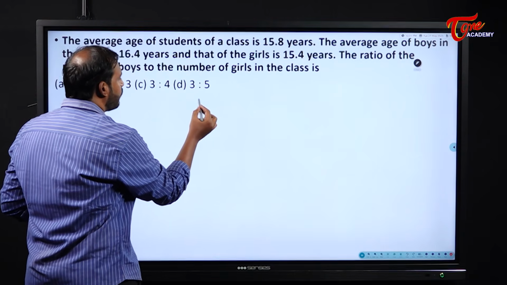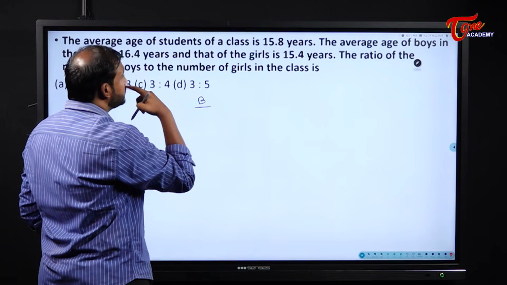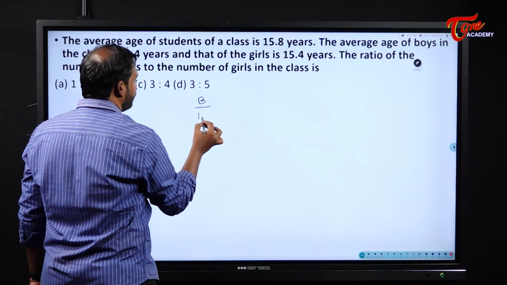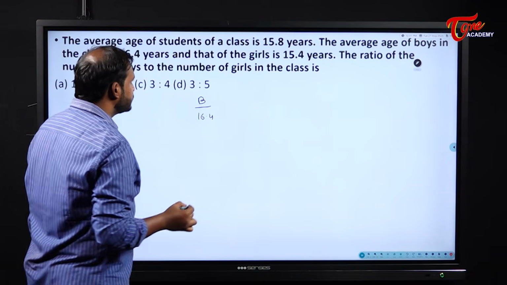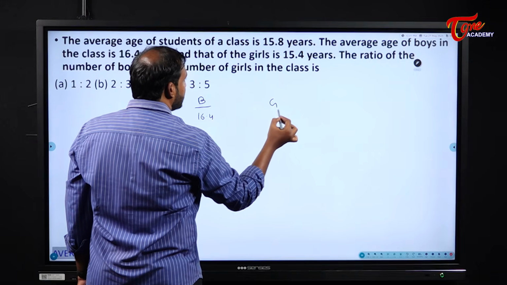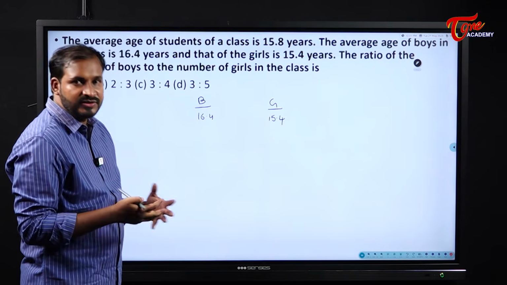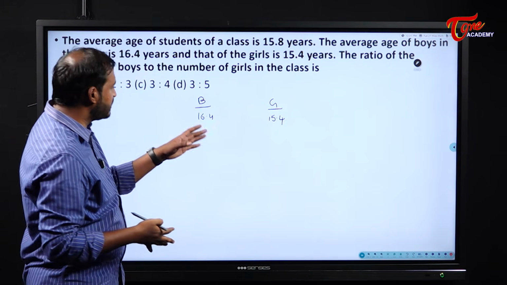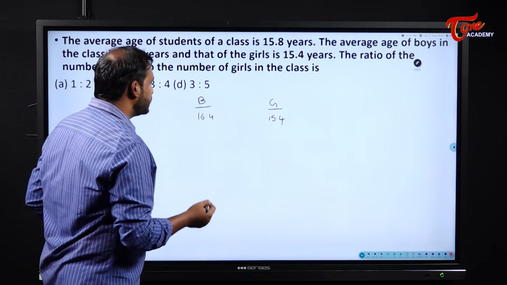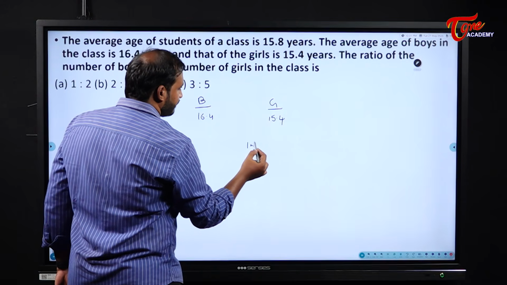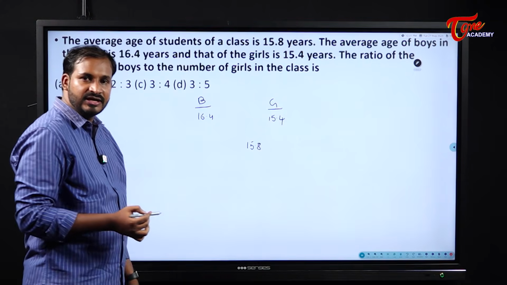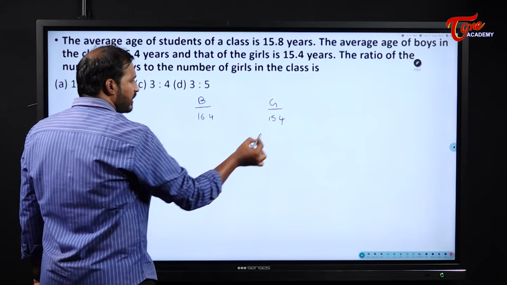So let me take the boys. The boys' average age in that class is 16.4. The girls' average age is 15.4. But due to the mixture of these boys and girls, the average age is 15.8. Now the allegation rule.